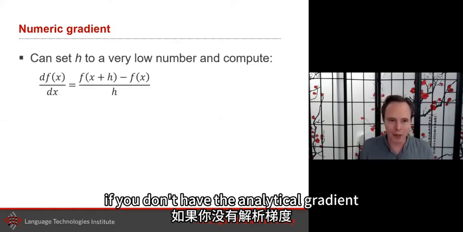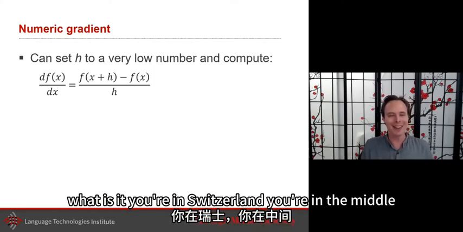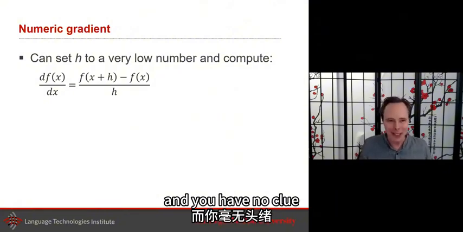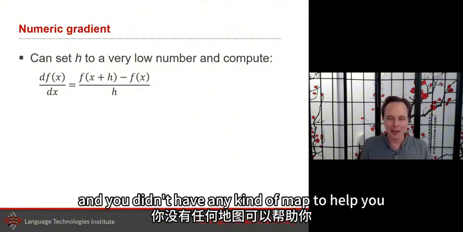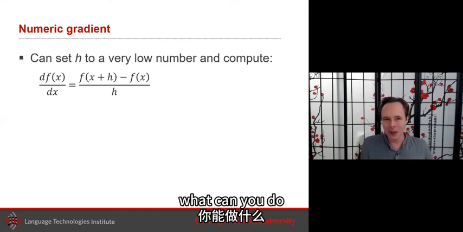If you don't have the analytical gradient, the way to compute a gradient is just to try it. You're in Switzerland, you're in the middle, and you have no clue, and you didn't have any kind of map to help you, or local knowledge about the slope. What can you do?